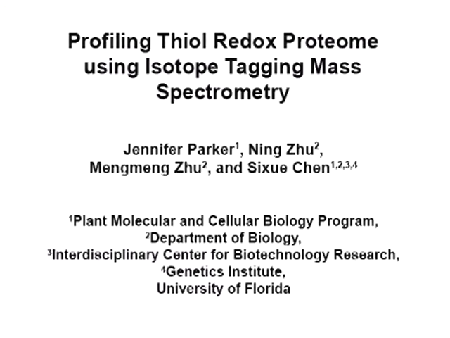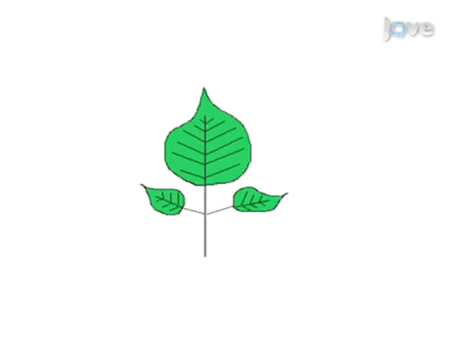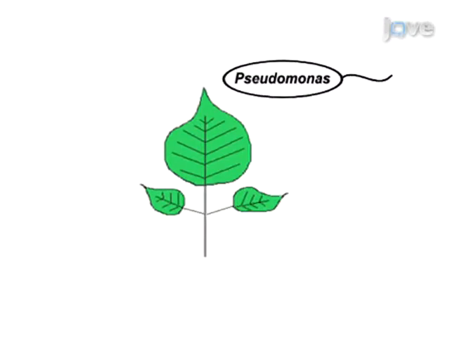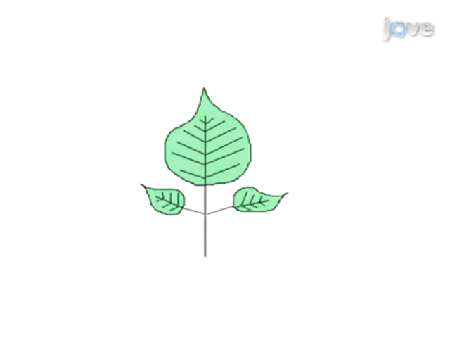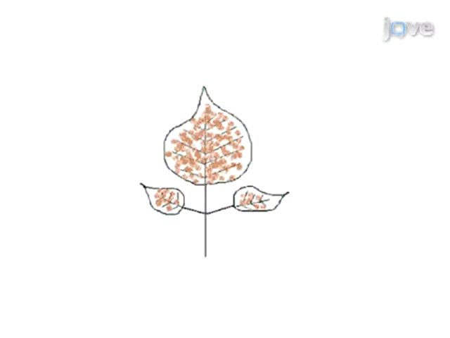The overall goal of this experiment is to observe the effects of Pseudomonas syringae PV tomato on redox-regulated proteins in tomato plants. First, inoculate tomato plants with Pseudomonas syringae PV tomato to induce pathogen infection and protein response. Proceed to stain with diaminobenzidine to observe changes in reactive oxygen species.